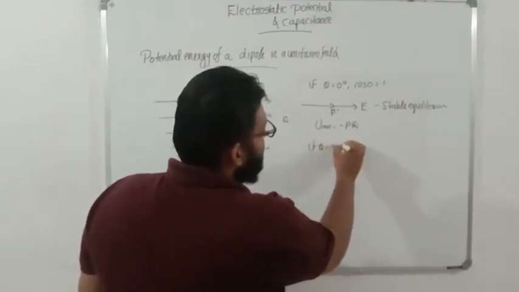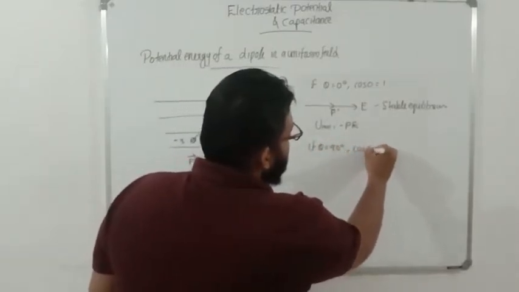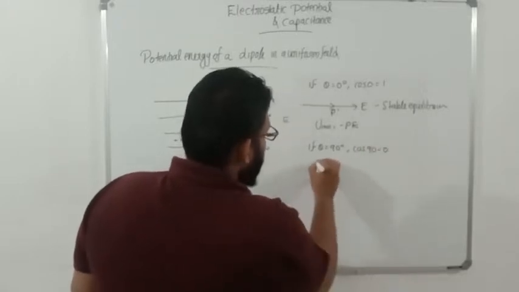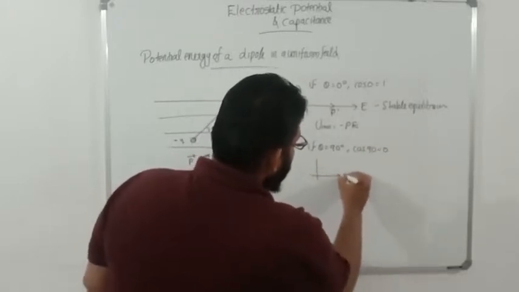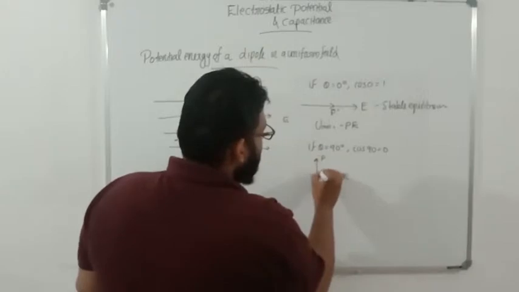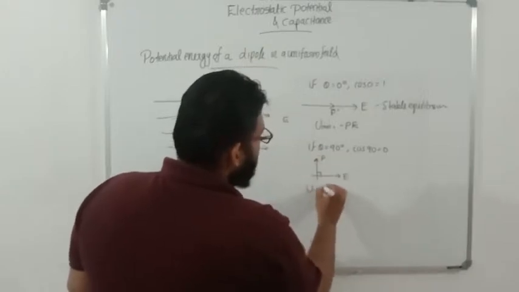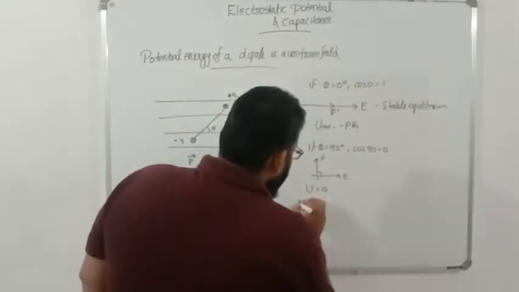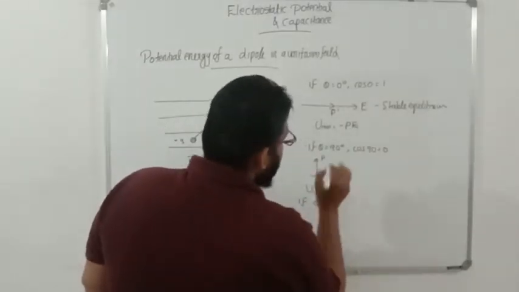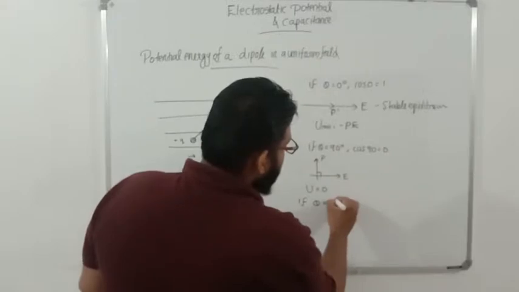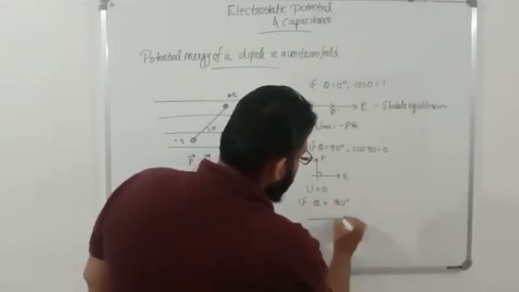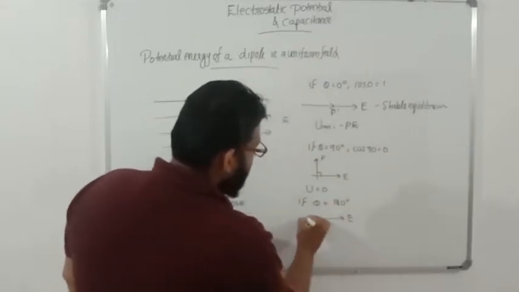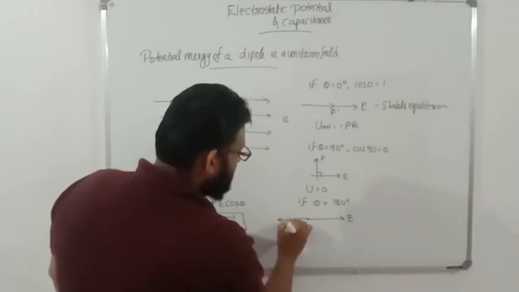If theta equals 90 degrees, cos 90 would be 0. Therefore, if the dipole is arranged perpendicular to the field, if the angle between them is 90, then there is no potential energy at all. Now after 90, we apply 180 degrees. That means the dipole is arranged just opposite to the direction of the field.